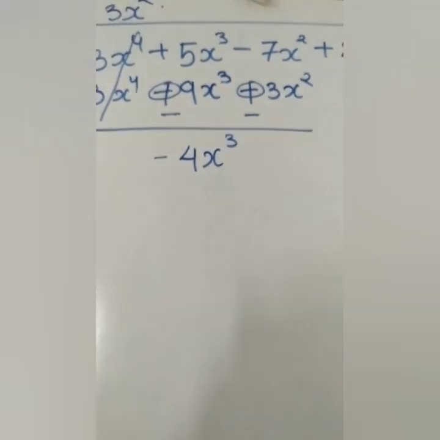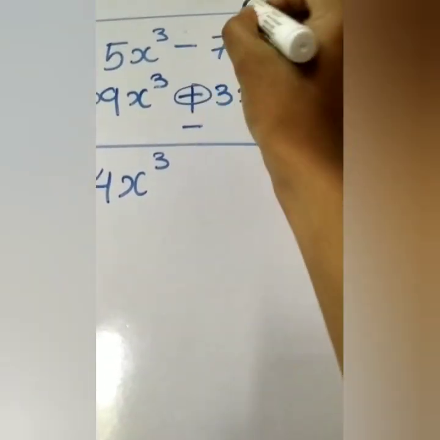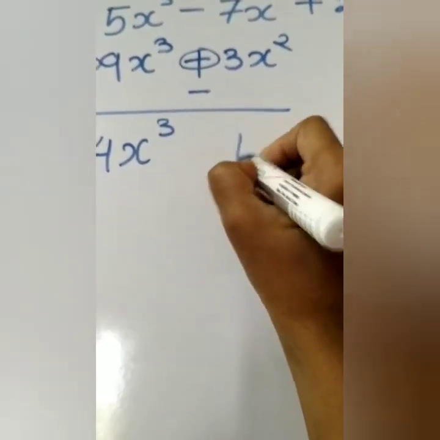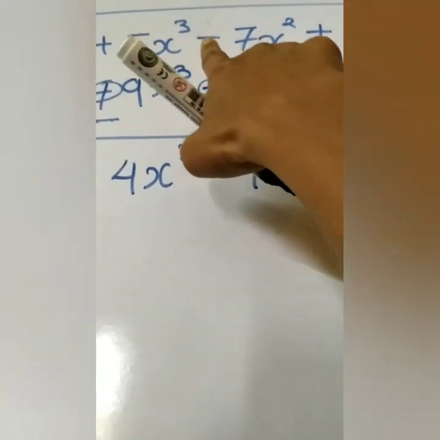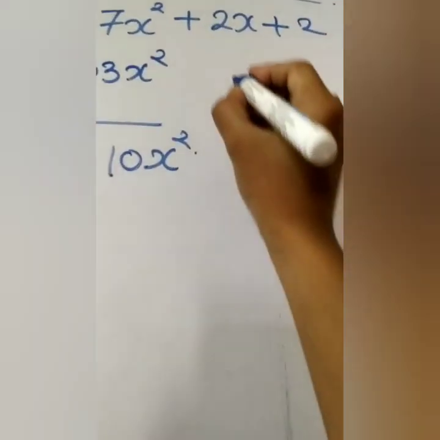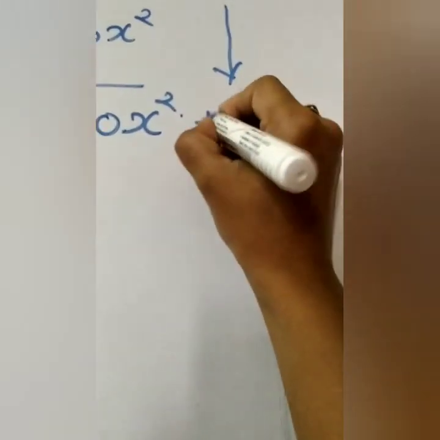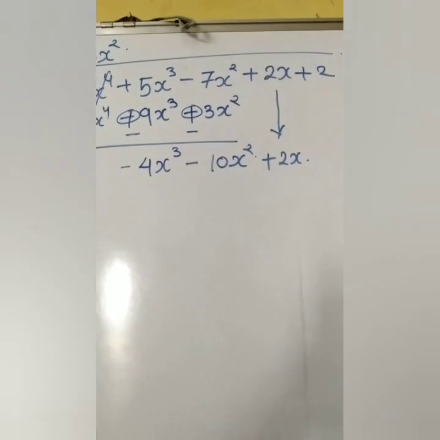So we will keep minus. Minus minus will become plus. So 7 plus 3 will become 10 and x square. But here again the symbol of the greater number is minus. So we will keep the sign as minus. Now here we have to take down that 2x. So we will write plus 2x. So here we got our new term.